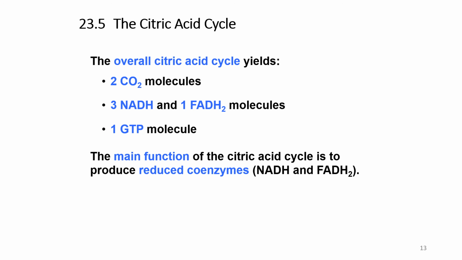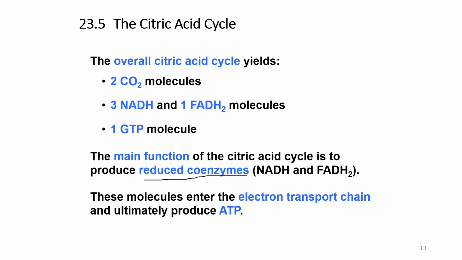So the main function of the citric acid cycle is to produce these reduced coenzymes. They've picked up hydrogens and electrons, and they are going to transport those to the electron transport chain, and ultimately produce ATP. And that's what we're going to look at next, the electron transport chain.